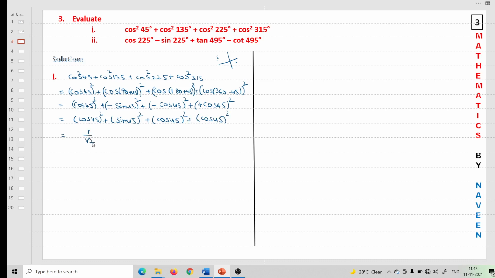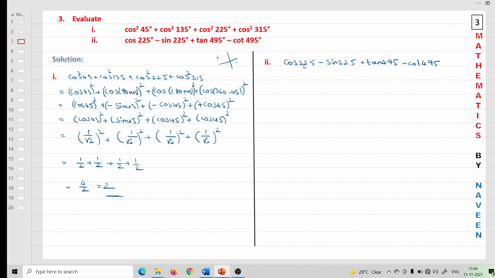So 1 by root 2 whole square plus 1 by root 2 whole square plus 1 by root 2 whole square plus 1 by root 2 whole square. That is equal to 1 square is 1, root 2 whole square is 2. So 1 by 2 plus 1 by 2 plus 1 by 2 plus 1 by 2. So 4 times 1 by 2 means 4 by 2, which is nothing but 2.